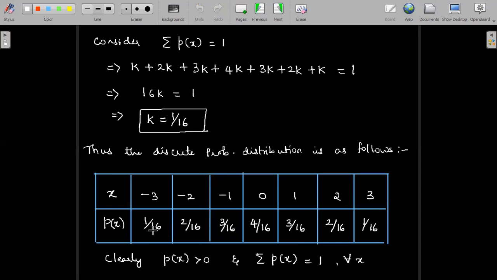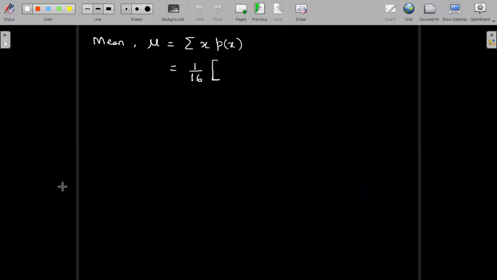So 1 by 16 into the products I am doing now: -3 into 1, -2 into 2, -1 into 3, 0 into 4. Like that we are performing for each term. So we have 1 by 16 multiplied by -3, -4, -3 plus 0 plus 3 plus 4 plus 3. And the sum is equal to 0.